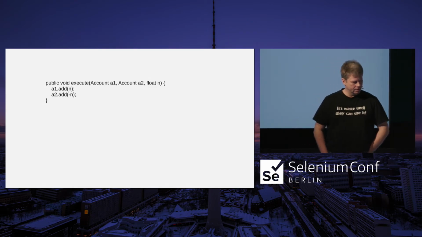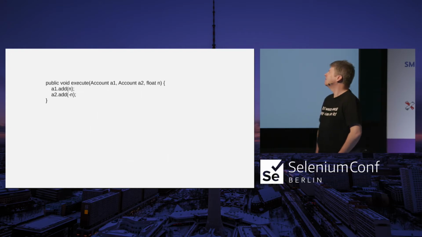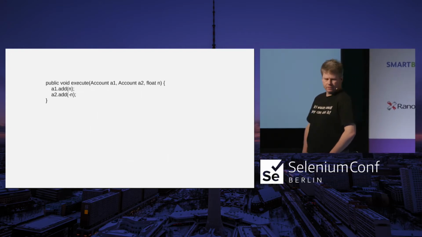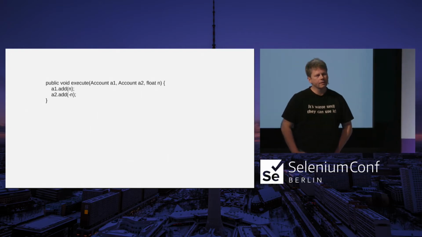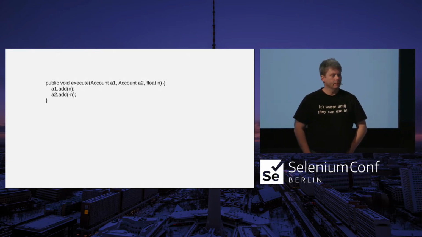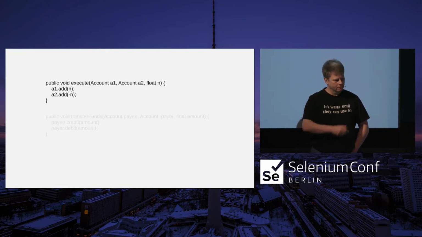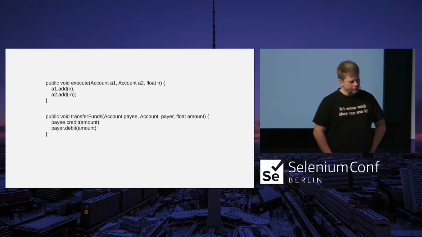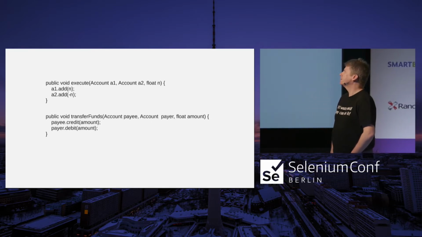This one then, account, A1, A2, and the float. Add and subtract. Okay, it makes it a bit easier to see when you see the implementation. This might be moving funds from an account to another account. But let's call it transfer funds instead.